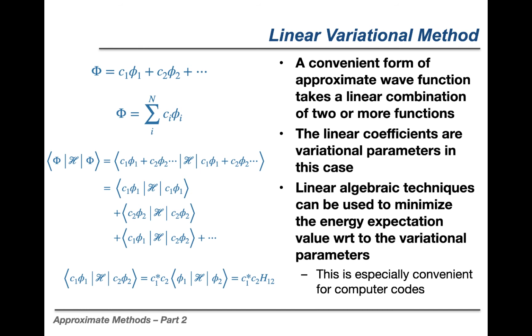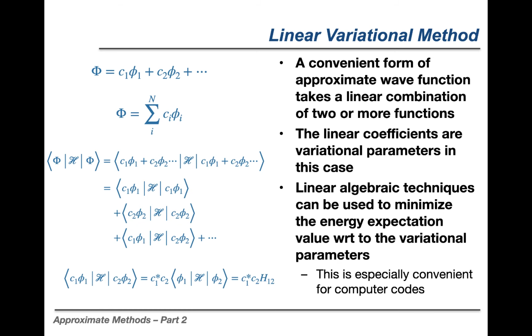What I show in the very bottom equation is just plucking out one of the terms, in this case C1 phi 1, Hamiltonian, C2 phi 2. As I go through all the different integrals above, I get elements that look like one of my functions phi i, with the Hamiltonian next, and then the ket has phi j, some other phi. I get all combinations of my various functions with the Hamiltonian.